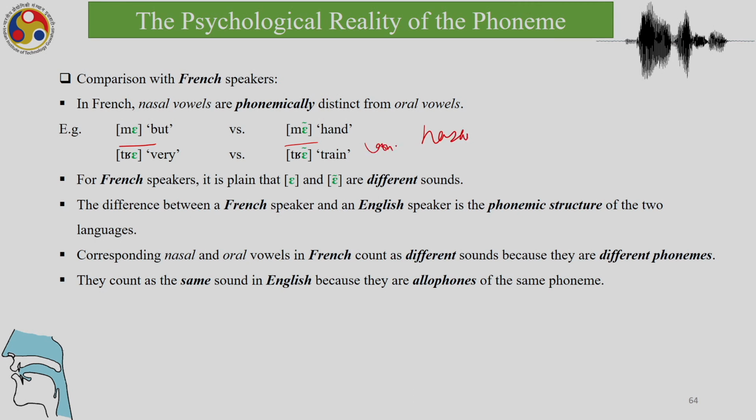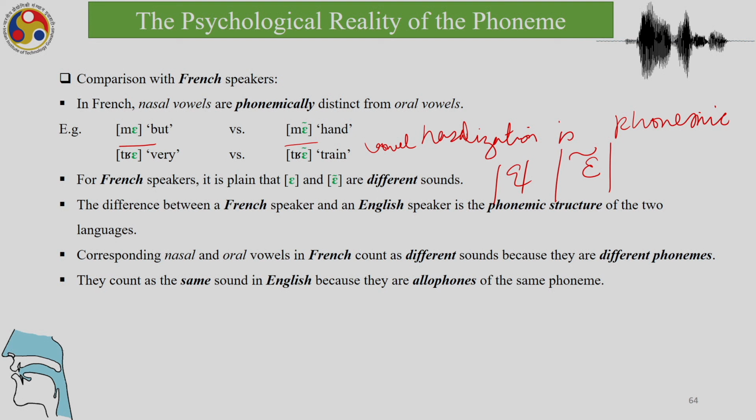Vowel nasalization is phonemic, which means the oral vowel and the nasal vowel are two different phonemes. Since these are phonemic, I will use the slanted brackets. As a result, for French speakers, it is plain that the oral and nasal vowels are different sounds.